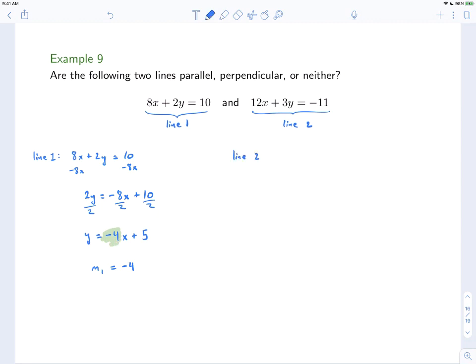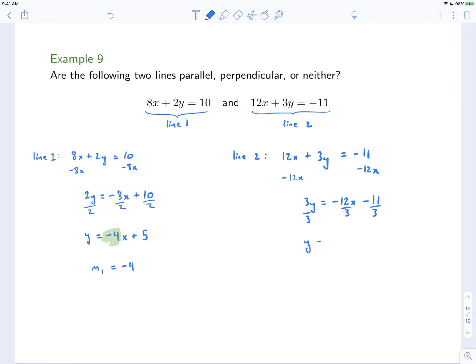And now line 2, 12x plus 3y equals -11. So we subtract 12x from both sides. That gives us 3y equals -12x minus 11. Now we divide by 3.